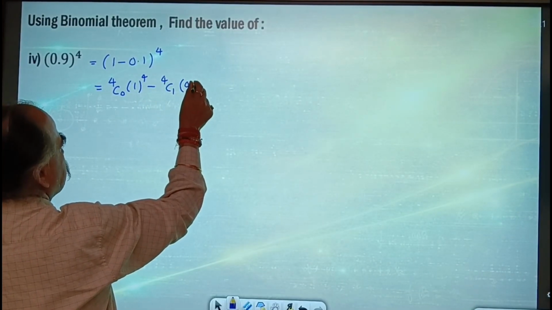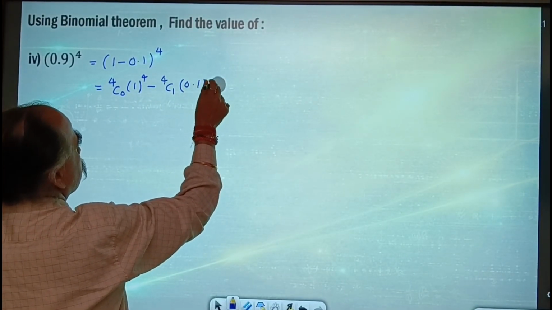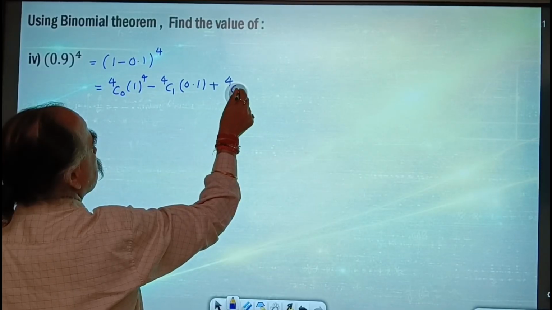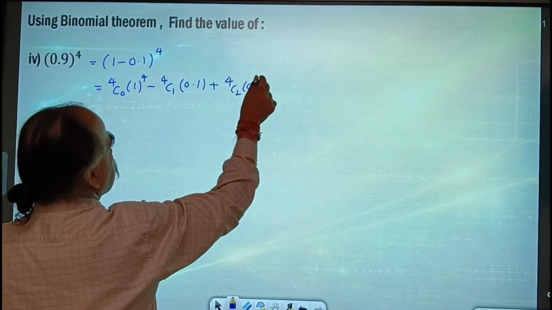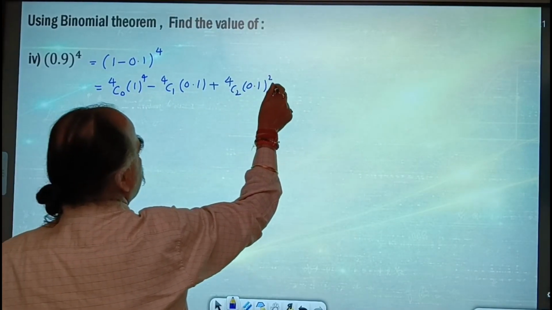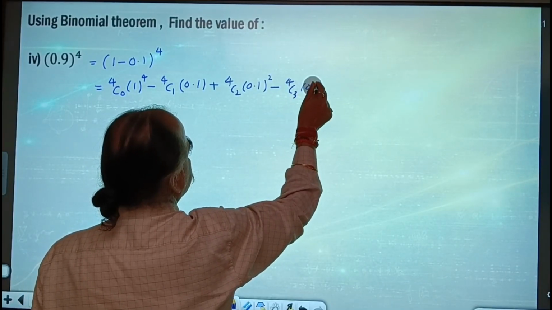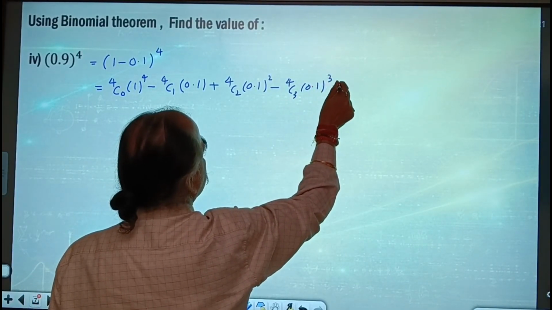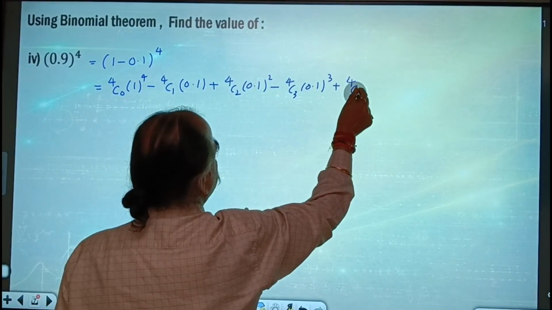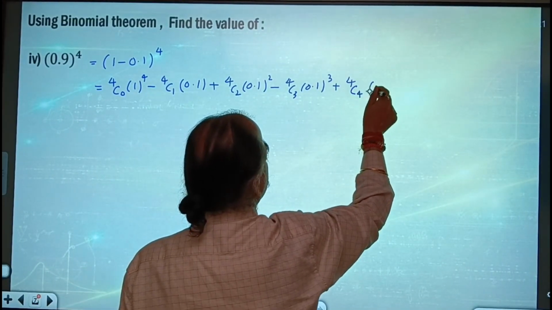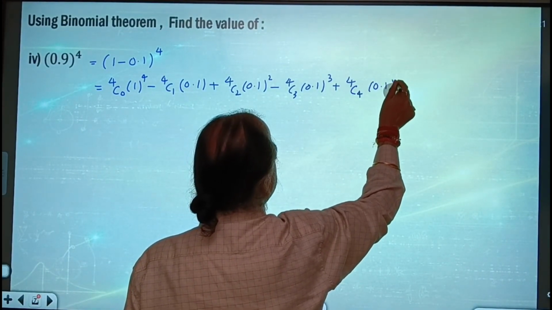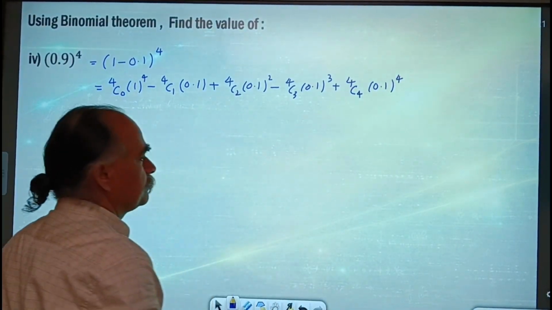So you just write 4C2, 0.1 square, minus 4C3, 0.1 cube, plus 4C4, 0.1 raised to 4.